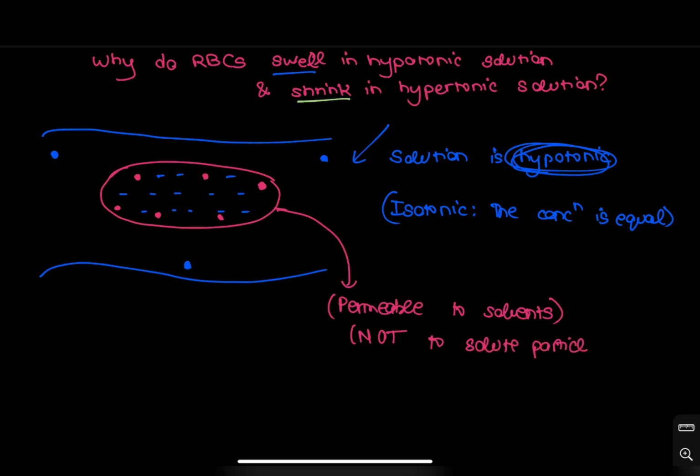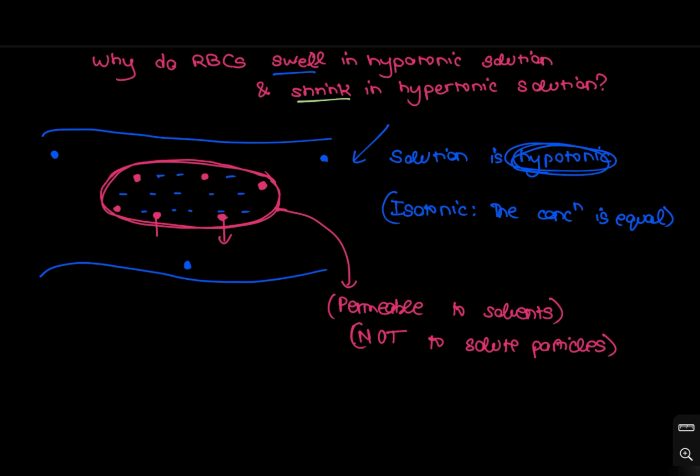Ideally, let's say this entire membrane was permeable to solute particles. In order to make this entire thing isotonic, these particles would just diffuse out, right? And eventually make both the solution and the RBC isotonic, which means of the same concentration. That would be the case.